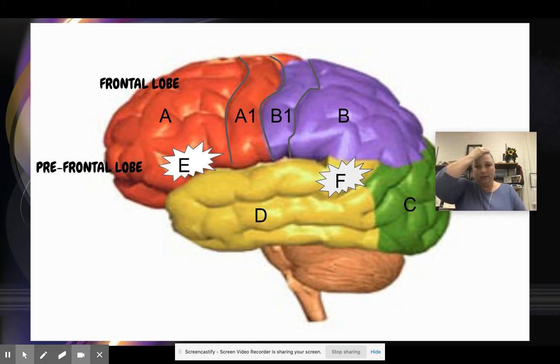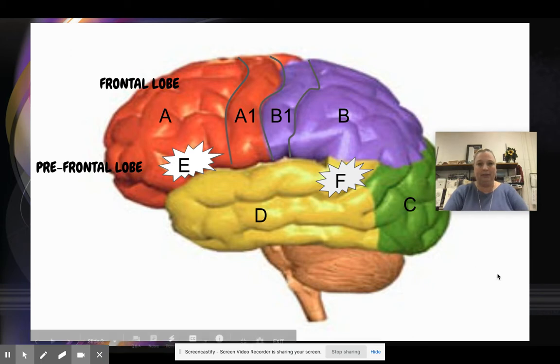The frontal lobe that's right here on the top of your head is where you're planning for the future. If you thought about what you're going to do this coming weekend, you're using your frontal lobe. So frontal lobe would be planning for the future. Now you notice that there's almost like a headband going across the top. That's your A1 right here.